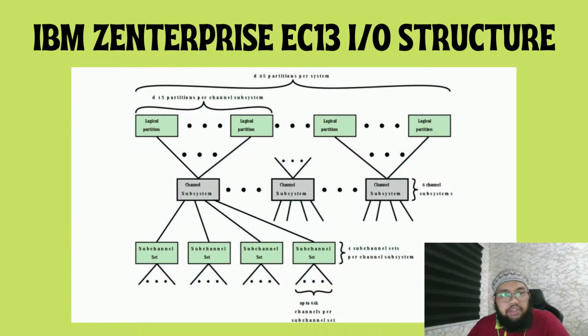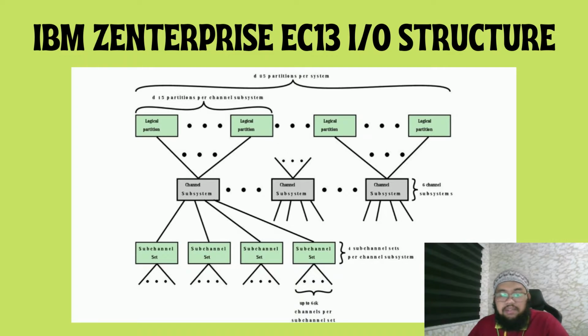So next, I will explain the IBM z Enterprise EC13 I/O structure. The IBM z Enterprise EC13 has 6 channel subsystems, and each channel subsystem has four subchannel sets, and each subchannel set has up to 64,000 channels.